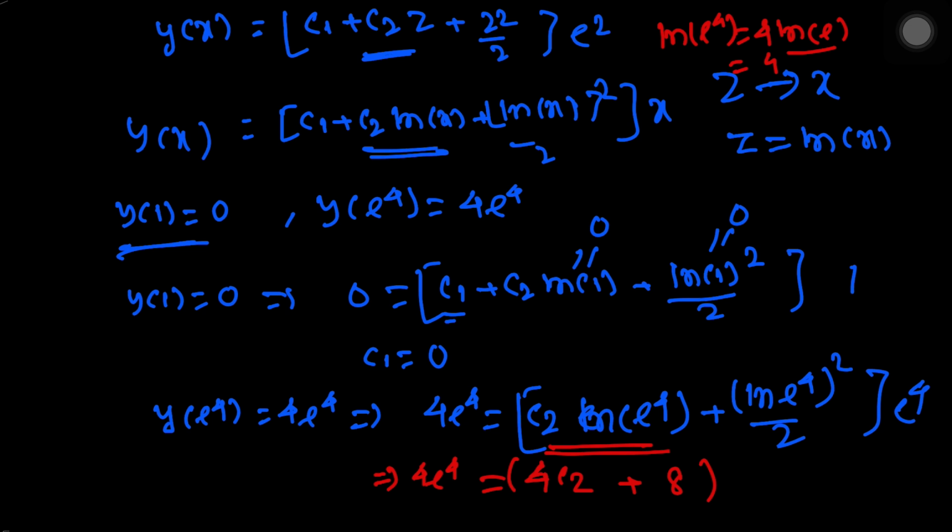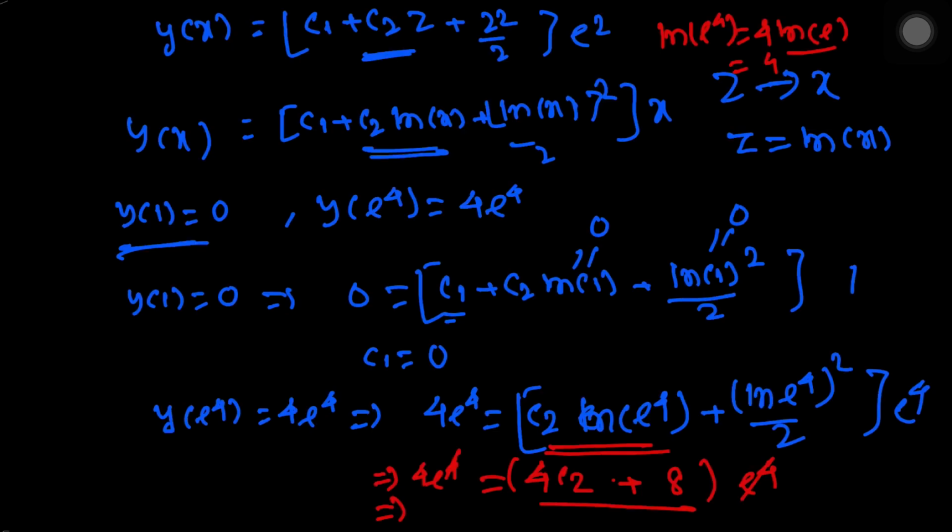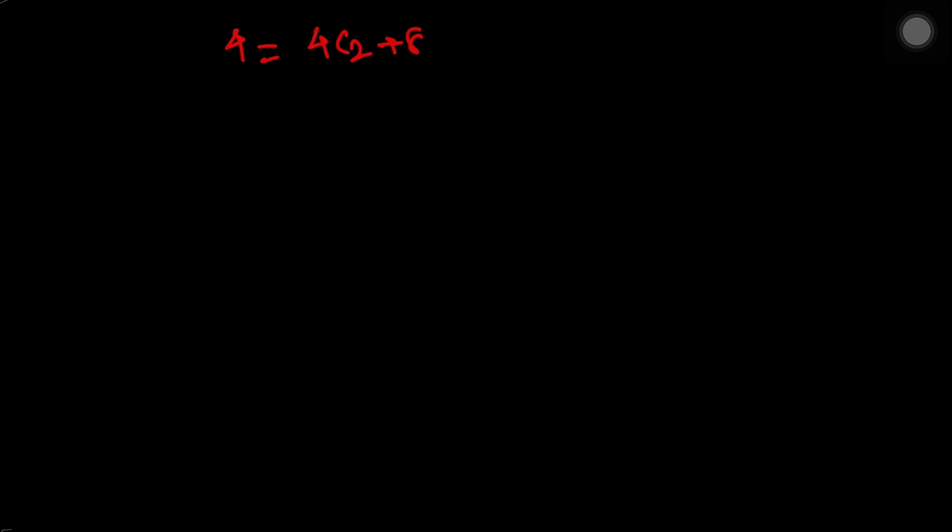So 4 c2 into e to the power 4, e to the power 4 cancels, so it becomes 4 equal to 4 c2 plus 8, because e to the power 4 cancels out. So basically we get 4 c2 equal to 4 minus 8 equal to minus 4. So c2 equal to minus 1.